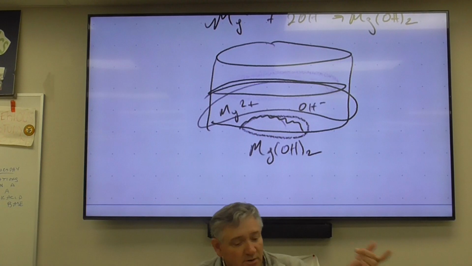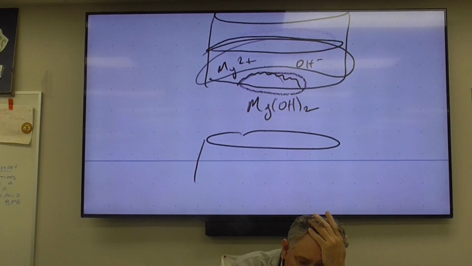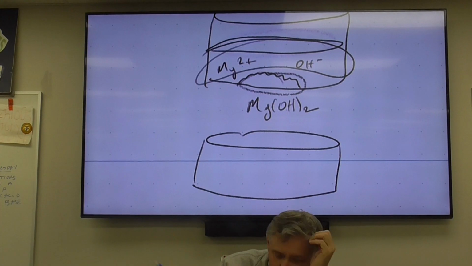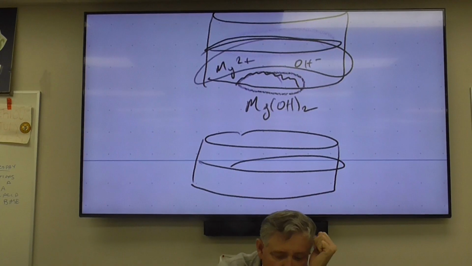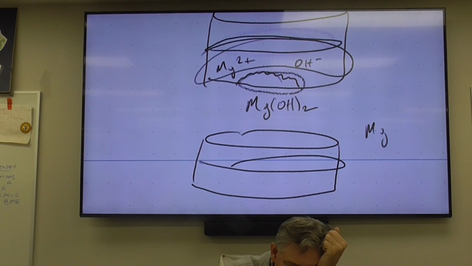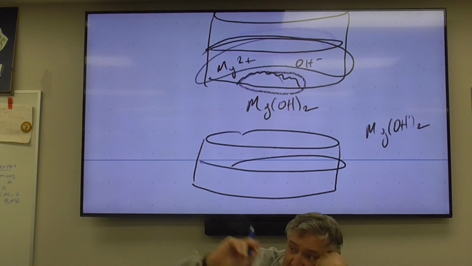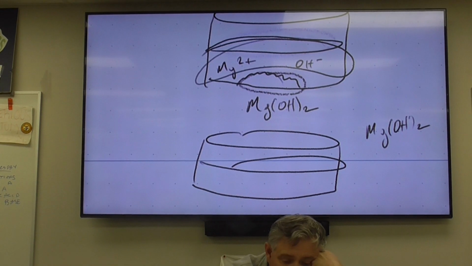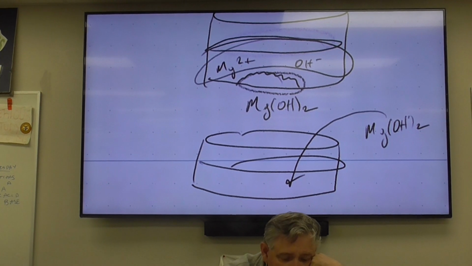Now, here's what I want you to visualize. Imagine that you start off with pure water. None of this reaction is taking place. And I'm going to give you some magnesium hydroxide, solid magnesium hydroxide. And you're going to add that a little bit at a time.